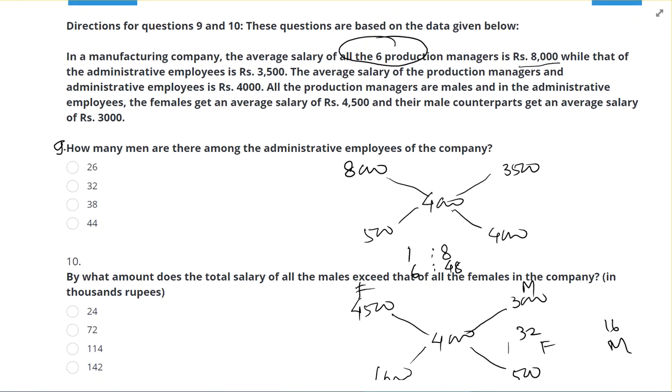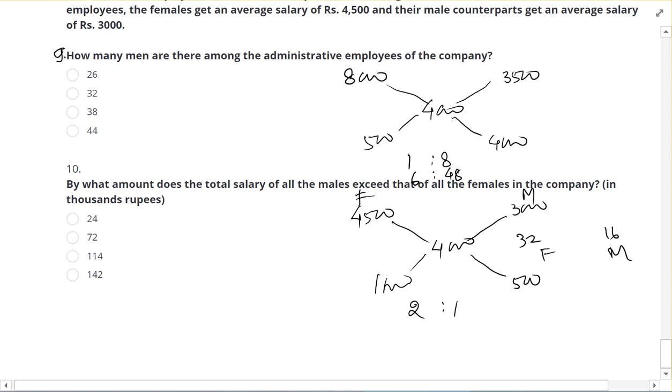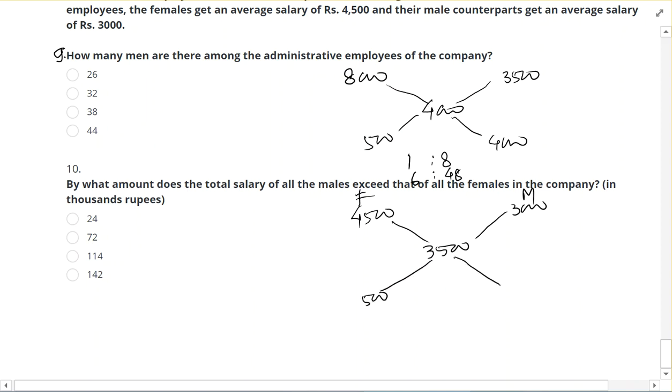The average salary of administrative employees is not 4,000, it is 3,500. So it is 500 and it is 1,000. So it is 1 is to 2. 1 is to 2 is the ratio of females to males. So 16 females and 32 males are there. 32 males in the administrative section. So this is the answer.